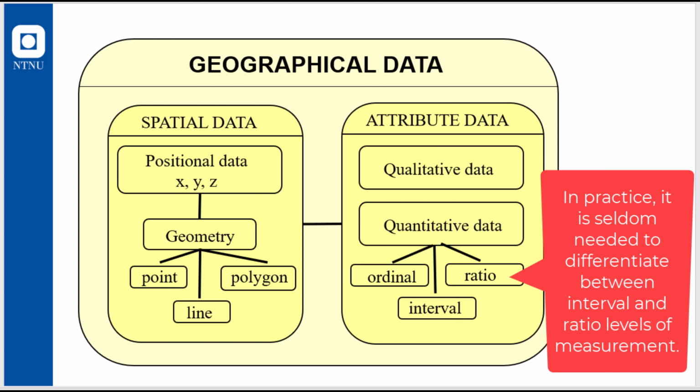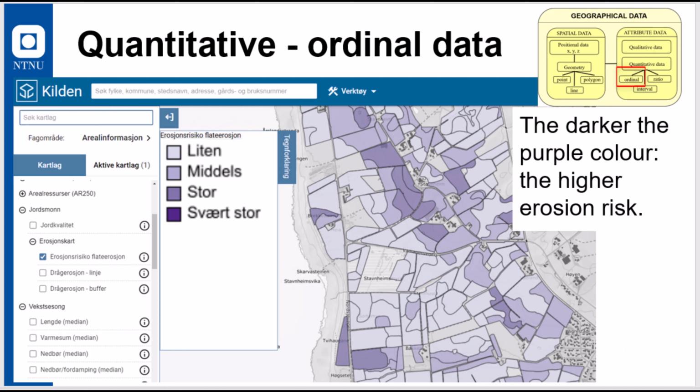In most situations, the differentiation between interval and ratio has few practical implications. This is an example of quantitative data on the ordinal measurement level, namely erosion risk. This can be divided into 4 classes: small risk, medium risk, large risk, or very large risk of erosion.